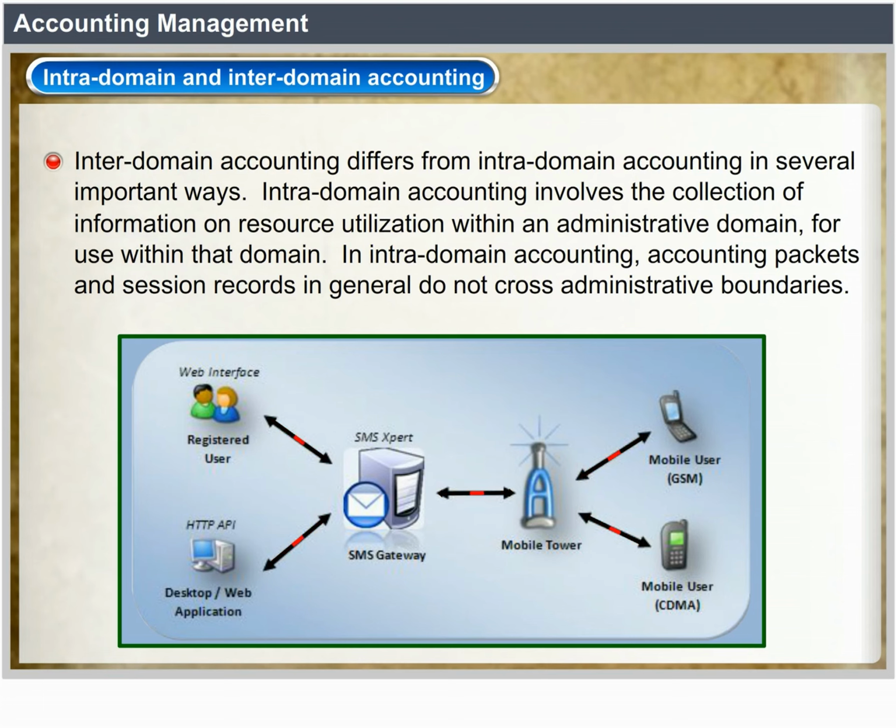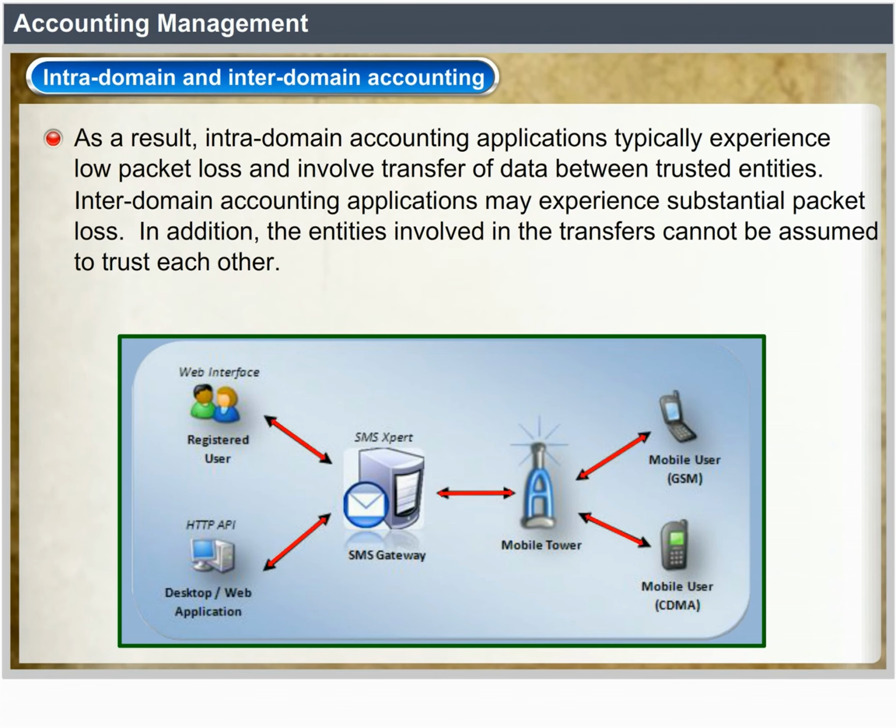Intra-domain accounting involves the collection of information on resource consumption within an administrative domain for use within that domain. In intra-domain accounting, accounting packets and session records typically do not cross administrative boundaries. As a result, intra-domain accounting applications typically experience low packet loss and involve transfer of data between trusted entities.